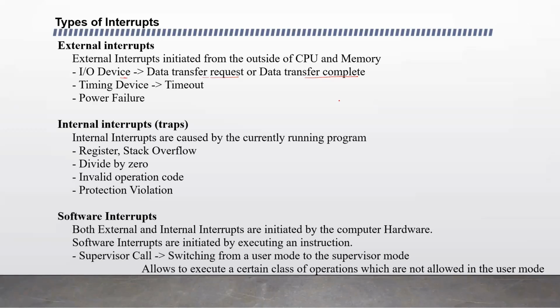At that time the input device initiates an interrupt to stop the execution of the current program and to accept the data. The computer has to accept the data so that the input can be taken for processing. So this is an external interrupt that is initiated by the IO device.